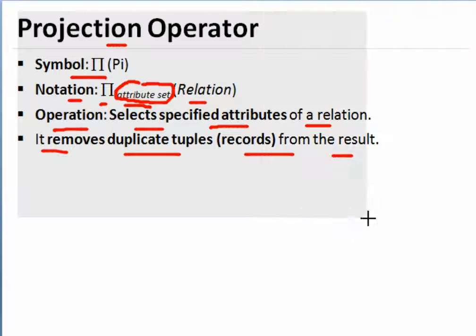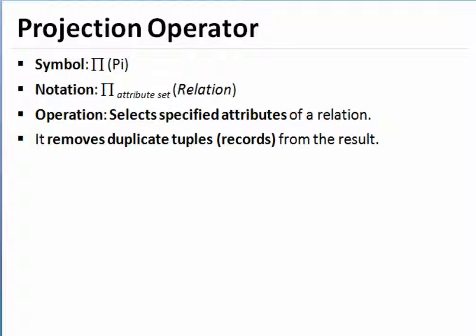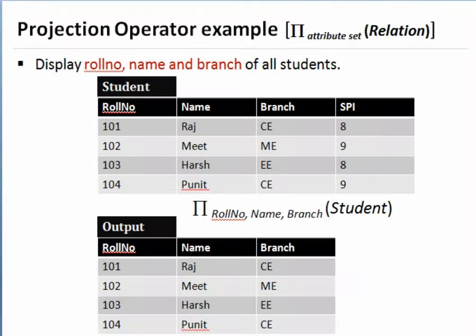Okay, now we will see an example of the projection operator. Here we have a projection operator example. This notation is given over here: pi, the list of attributes that we want to get into the result, and the relation on which we are going to apply the projection operation. So what query do we have?